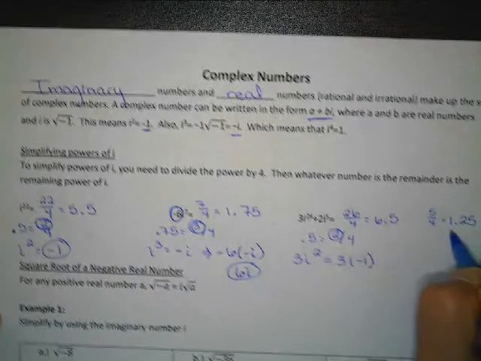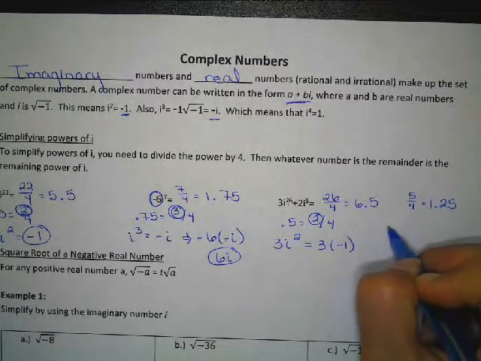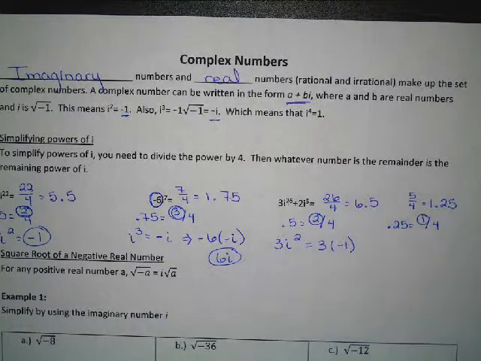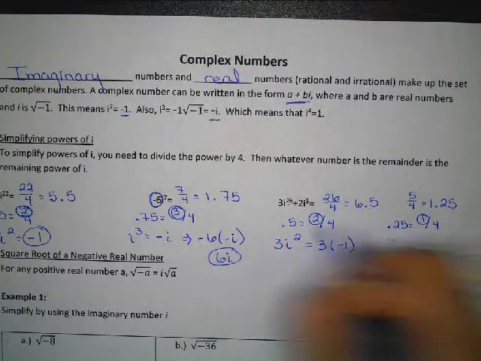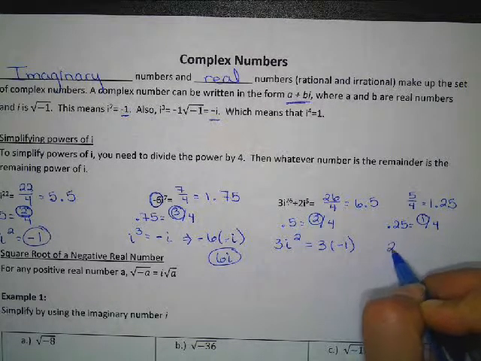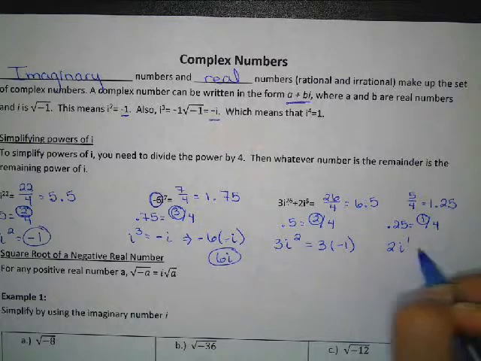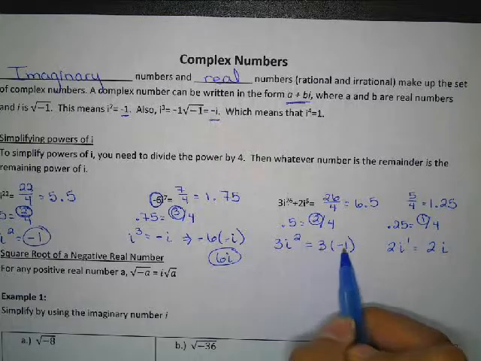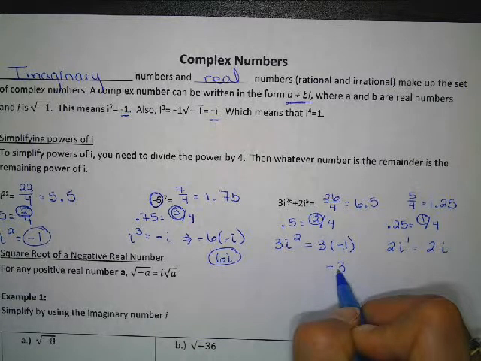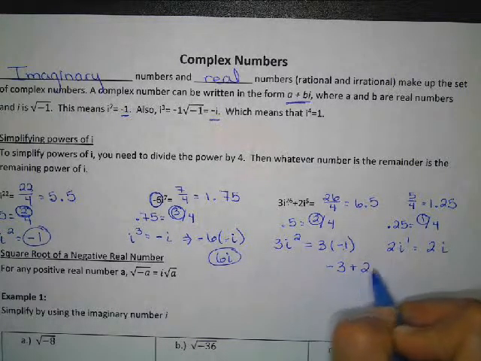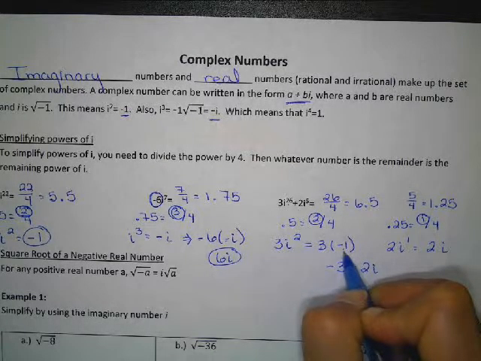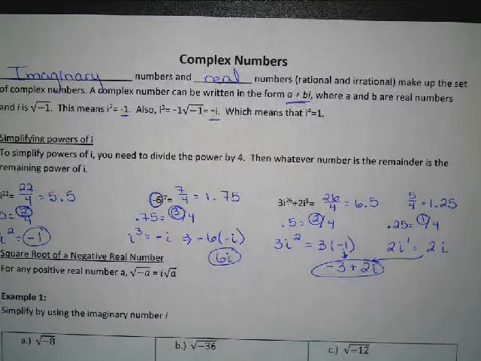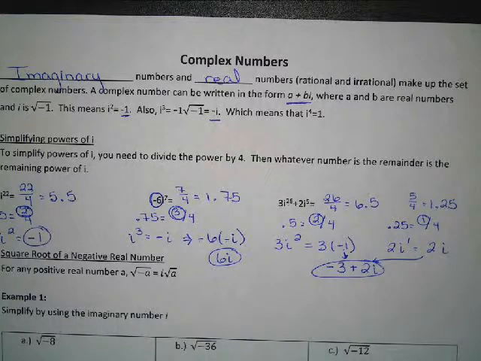And then over here with this 0.25, the 0.25 equals 1/4, so 1 is our remainder there. It still has a 2 out front, so we have 2 i to the 1 power, which is just 2i. Now 3 times -1 is -3, plus this 2i from over here. So we combine this to come here, and this to come here. So your answer is -3 plus 2i.